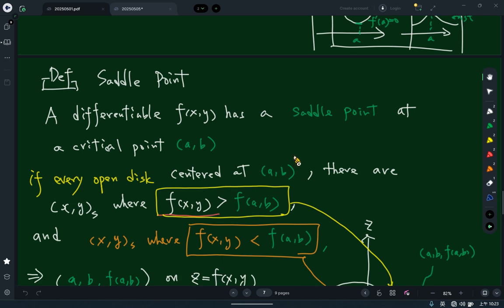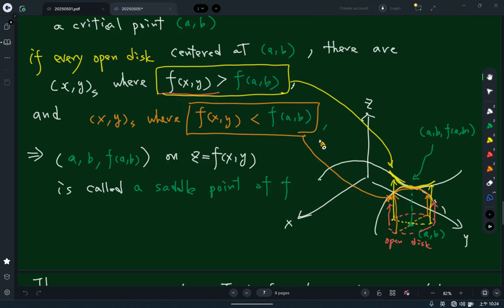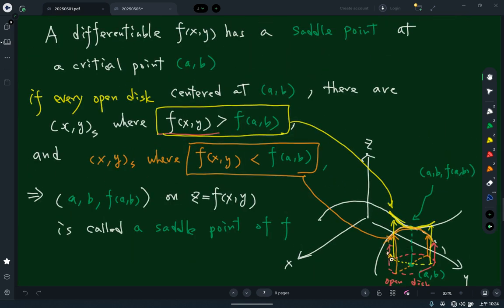For two variable functions, there is a very special point. We call it a saddle point. For a saddle point, in some direction you can find it provides a local maxima value. For example, if you follow this path, you can see f of a, b provides a maxima value.